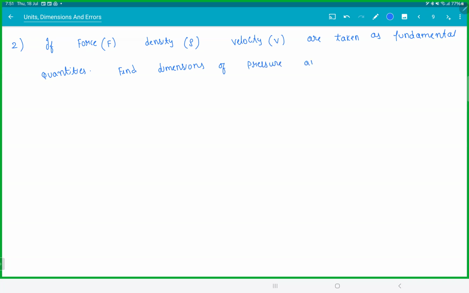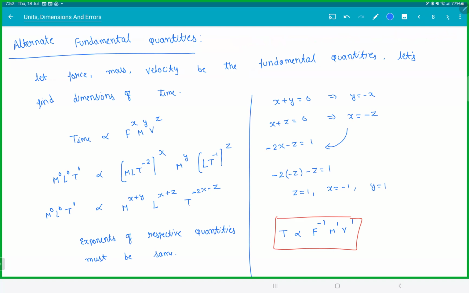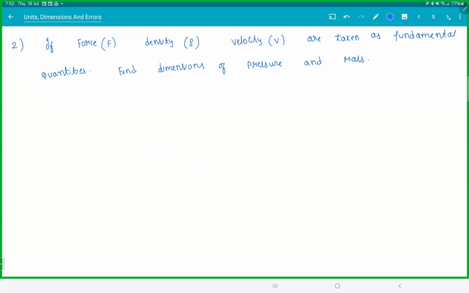Two questions. Get them. Anyone not clear with anything, please ask. The idea is the same. You will say pressure is proportional to F power X, rho power Y, and V power Z, and then you know what to do. Give it a try.